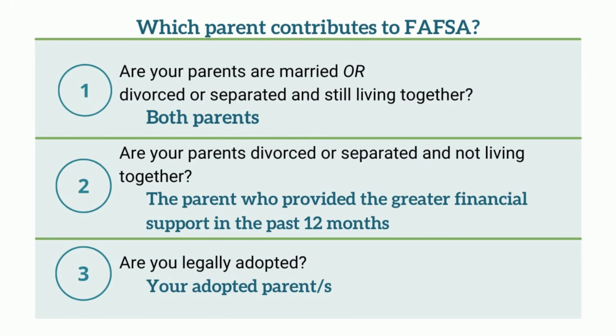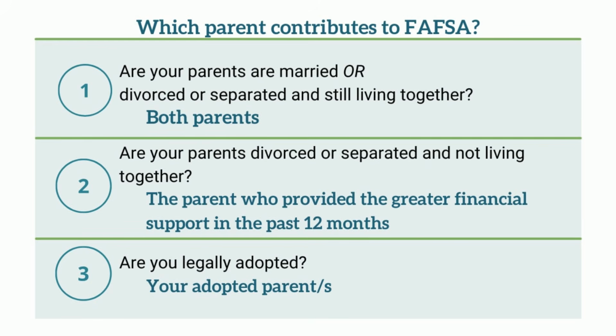If students' parents are not married, they might be never married, separated, or divorced, and they no longer live together, then the student would only invite one parent, and the FAFSA rule on that parent contributor is the parent who provided the greater financial support for the 12 months prior to completing the application.